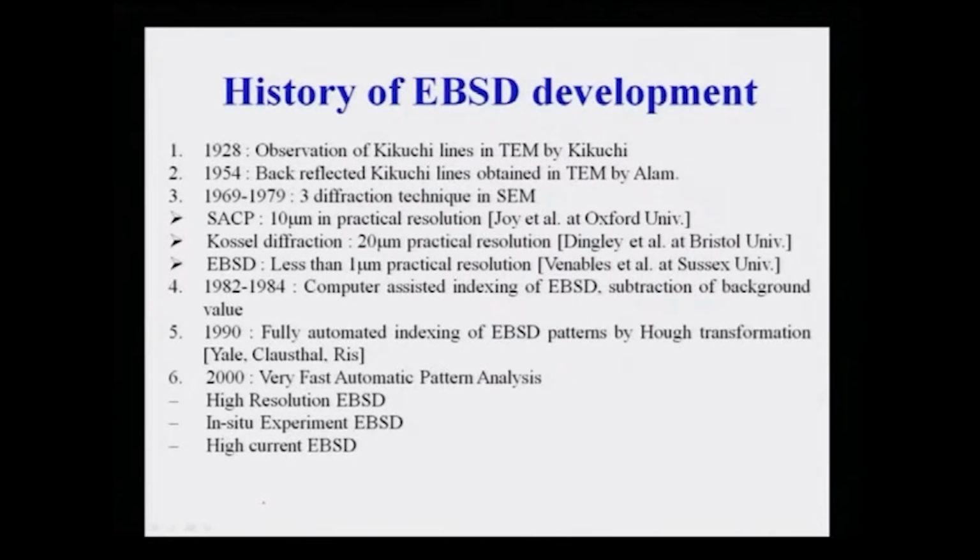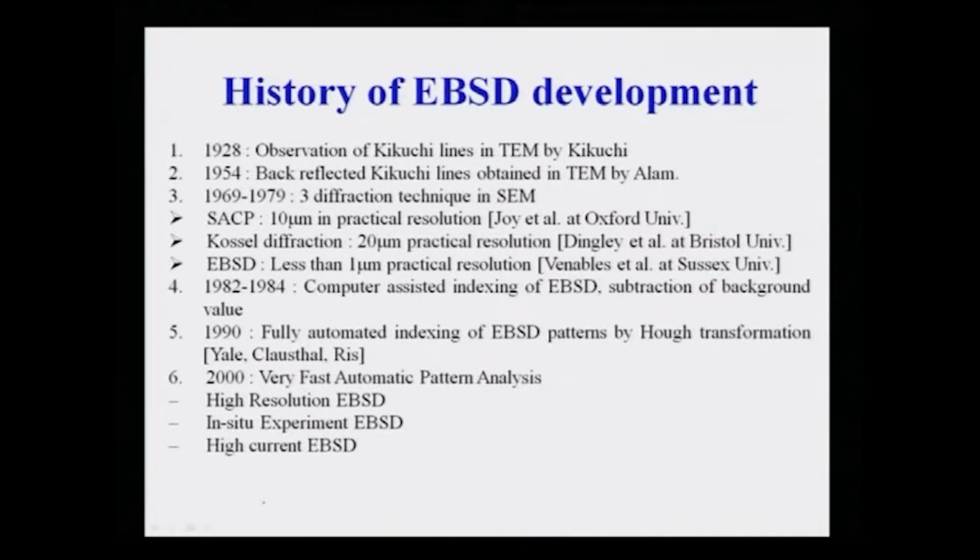Then 1969 to 1979 saw a huge change in the SEM techniques of EBSD. Three different types of diffraction patterns were detected. One is the SACP, the selected area channeling pattern, which I discussed in the last class, where a 10 micrometer resolution was obtained by Joy et al. at Oxford University.